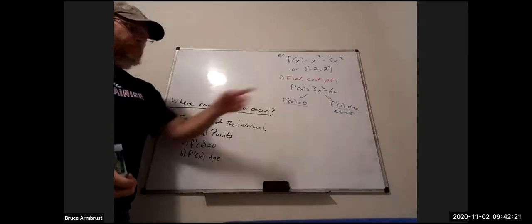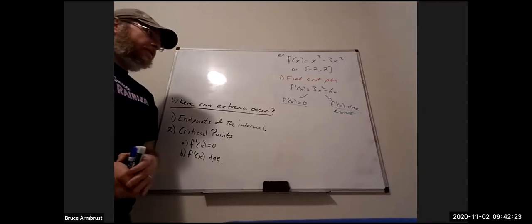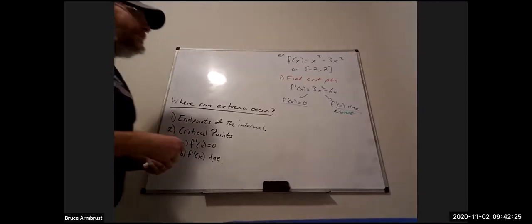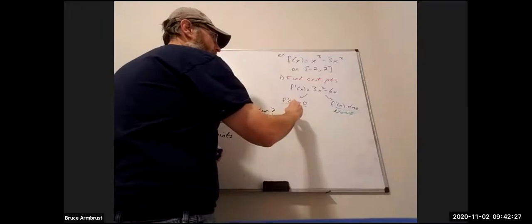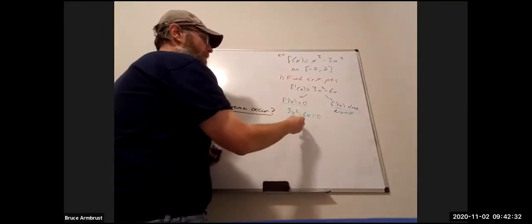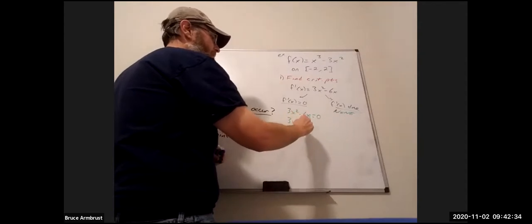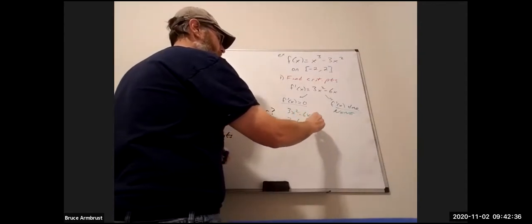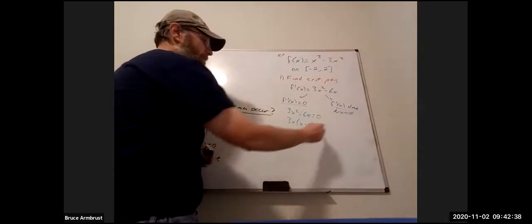But then we also have the derivative equaling 0. Well, that is possible. So let's see where that happens. We can actually solve this by factoring. Factor out 3x.